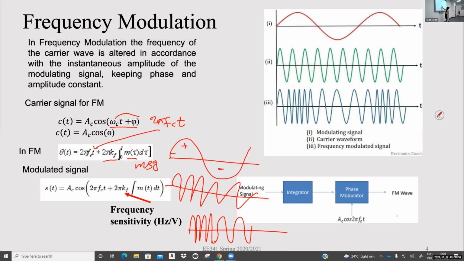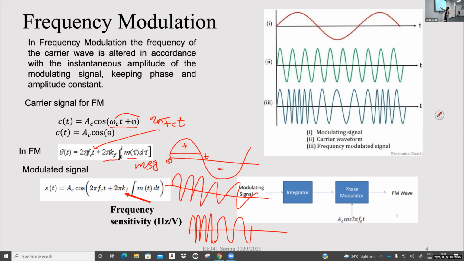It means this area from 0 to t changes my carrier. According to this increasing and decreasing trend of my message signal, my carrier signal will change from 0 to t. That's why I'm taking the integral. My amplitude is not changing.